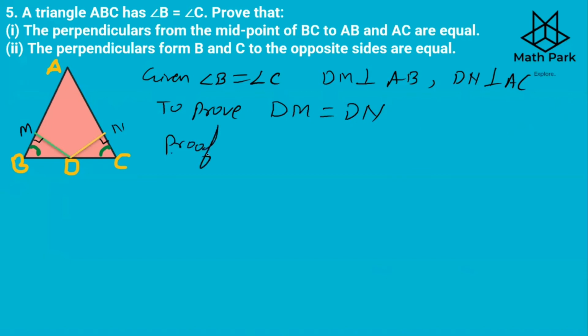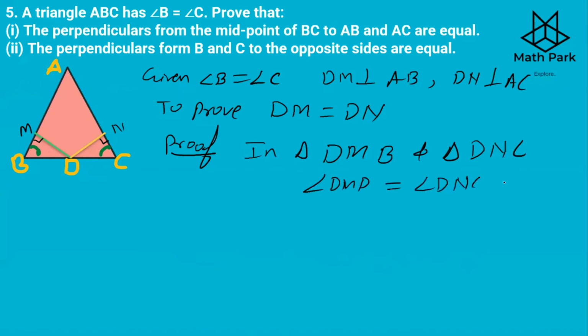We have to see that DM and DN are the parts of which triangles. They are the parts of these two triangles. So we start proving in triangle DMB and triangle DNC. First thing, you have angle DMB is equal to angle DNC is equal to 90 degrees because DM and DN are perpendiculars.